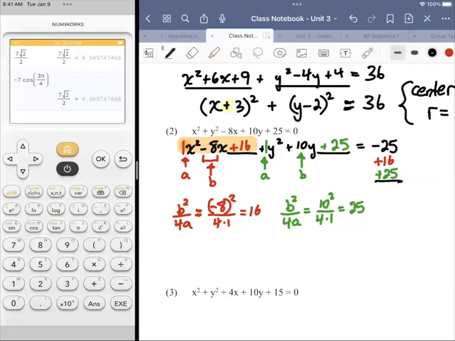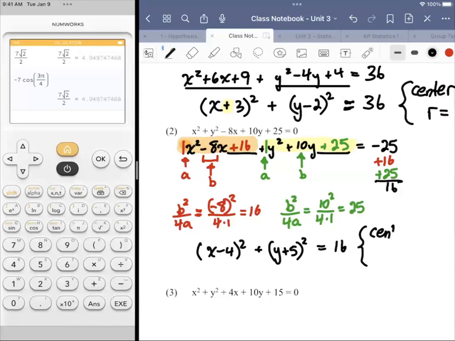So if I factor this, x minus 4, so x minus 4, the quantity squared. Factor this one, y plus 5, so y plus 5, quantity squared. Add them, set them equal to 16. So now I have my circle equation in standard form.